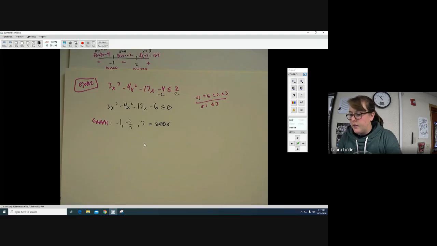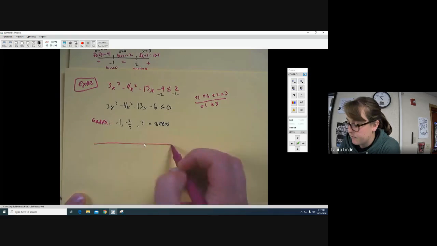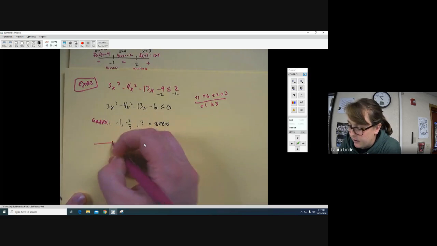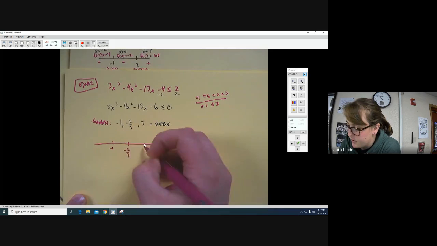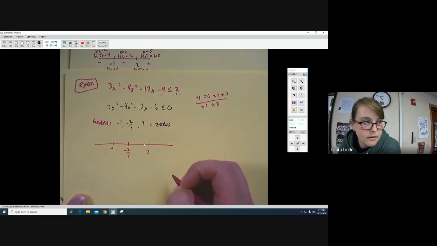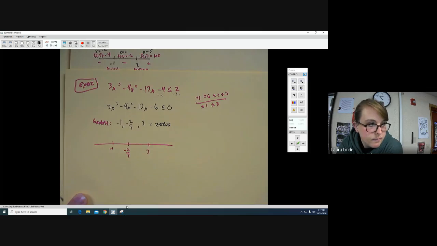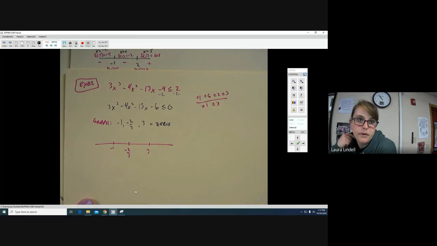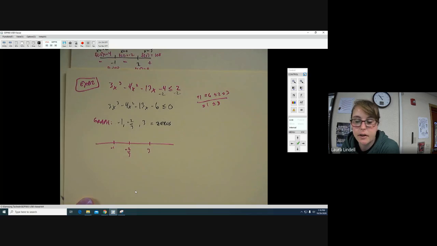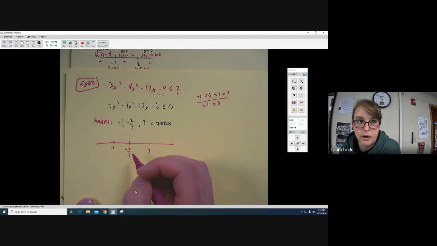You could make your sign chart, and we'd have -1, -2/3, and +3 on it. And the sign chart's even helpful if you don't choose to plug in values and everything. You can still look at the graph and kind of note on your sign chart where the function is positive and where the function is negative.